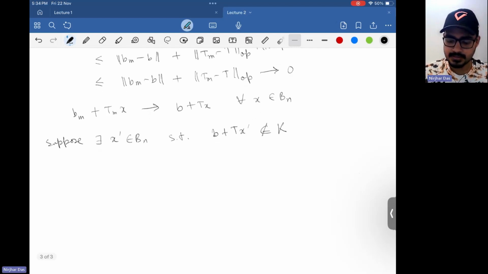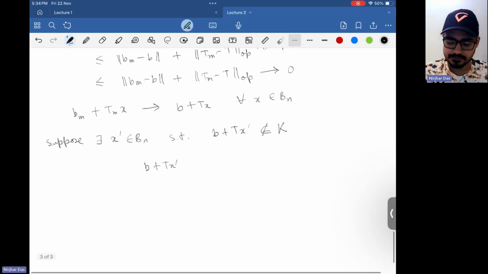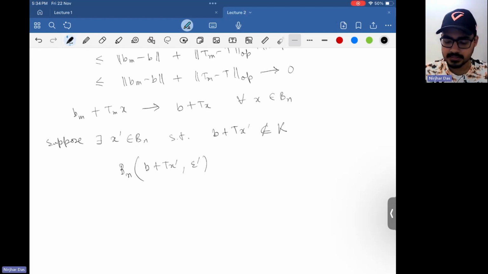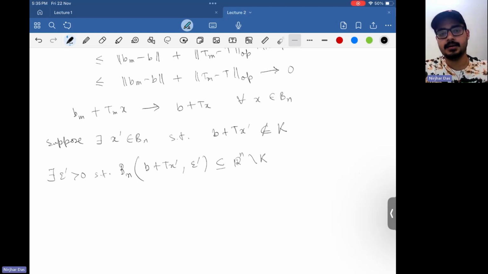What this means is that there exists a small neighborhood of B plus T of x dash, so there exists an epsilon dash greater than 0 such that this is wholly outside K. So it lies completely in Rn minus K.